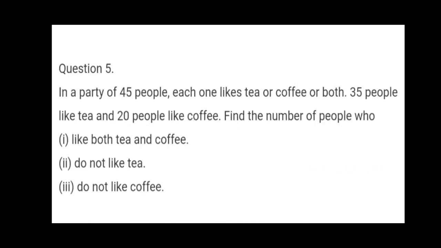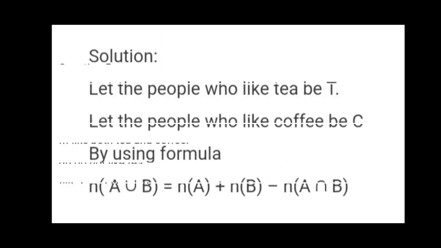And problem number 5, in a party of 45 people, each one likes tea or coffee or both, and we have to find out those who like both tea and coffee, do not like tea, and do not like coffee. We can use the Venn diagram also, but here we can solve using the formula.